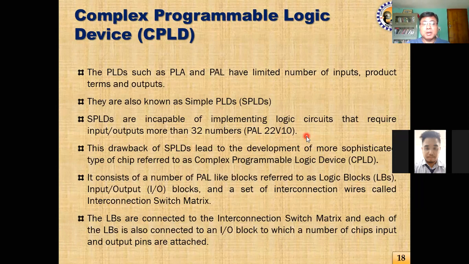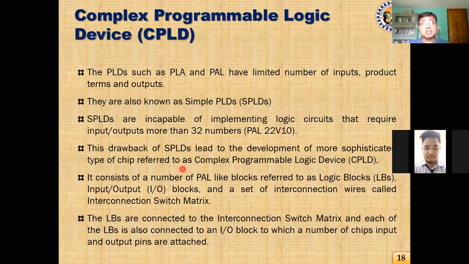Why not house such SPLDs inside an IC, where inside this IC there will be a number of SPLDs, and a common connection is also available inside the IC. For example, 16 or 32 SPLDs can be housed inside one IC.